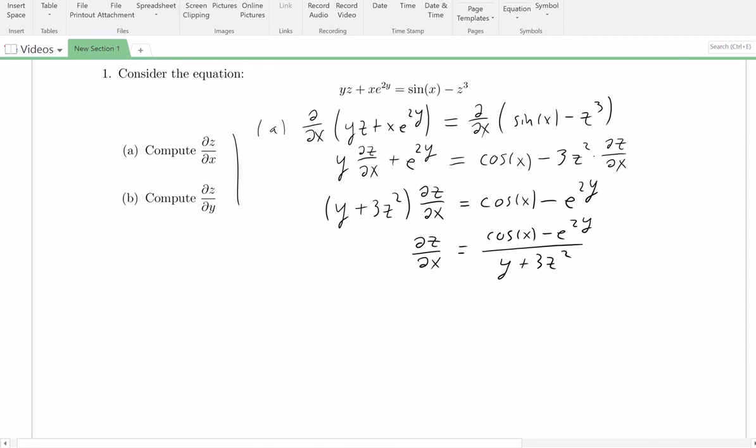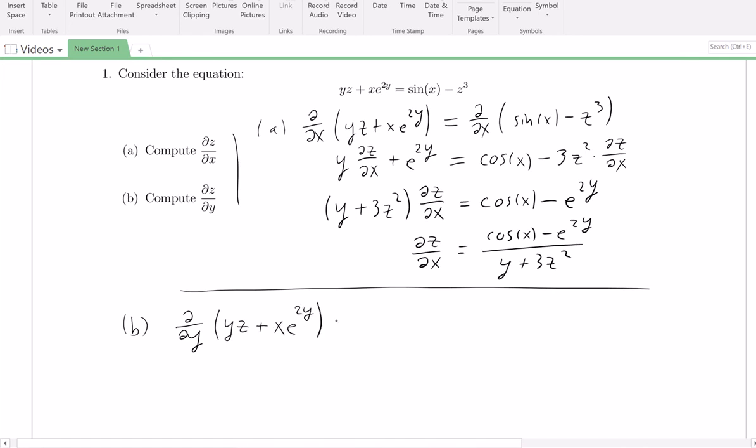Now for part B we do exactly the same thing, but we just take the y derivative everywhere. So let's start by just writing what we're going to do, but not quite doing it yet. Let's just formally write down that we're taking the partial derivative with respect to y of both sides of the equation.